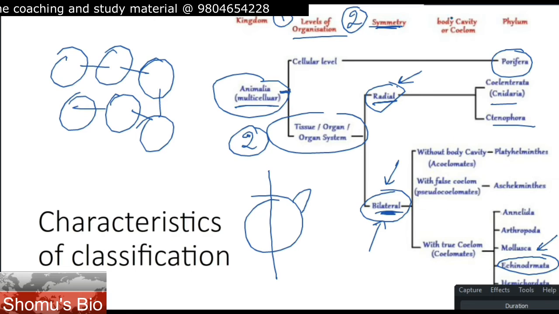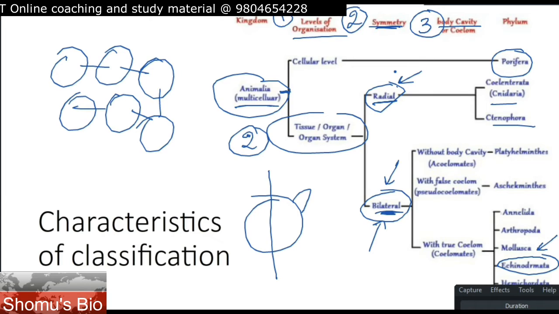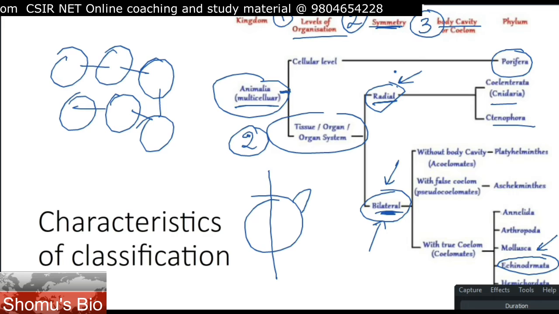Now the third important property based on which we will separate them is the presence of body cavity or coelom. If I ask what is coelom, what is body cavity, you remember one term, primitive gut, right? Primitive gut was formed at the end of the gastrulation process. We have seen that for sea urchin, and we have seen that for Xenopus.